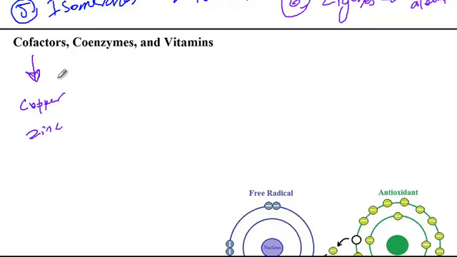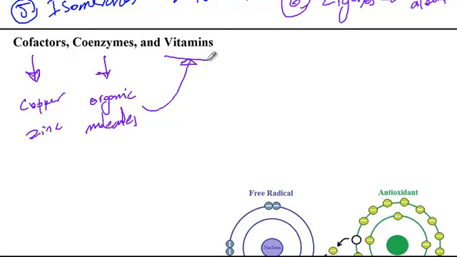If these helper molecules are made of organic molecules, then we call them coenzymes. An example of these organic molecules is vitamins, which cannot be synthesized at adequate levels by our body, and therefore we must obtain them through diet.